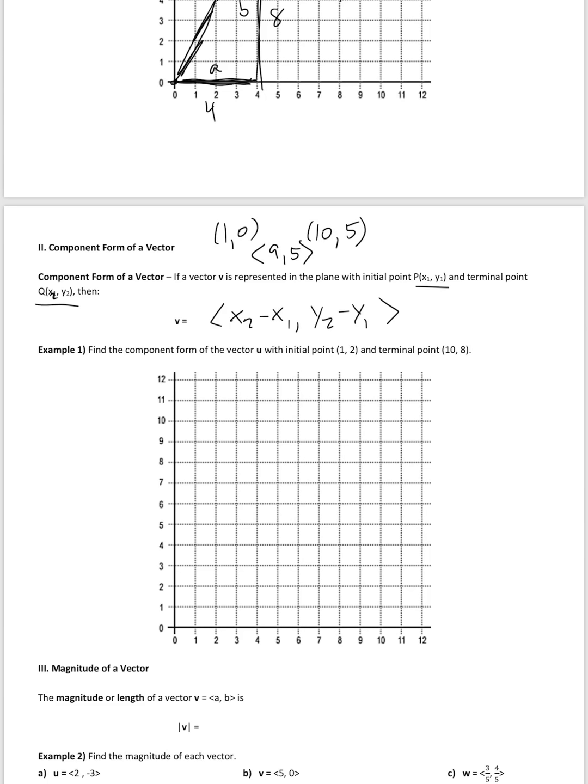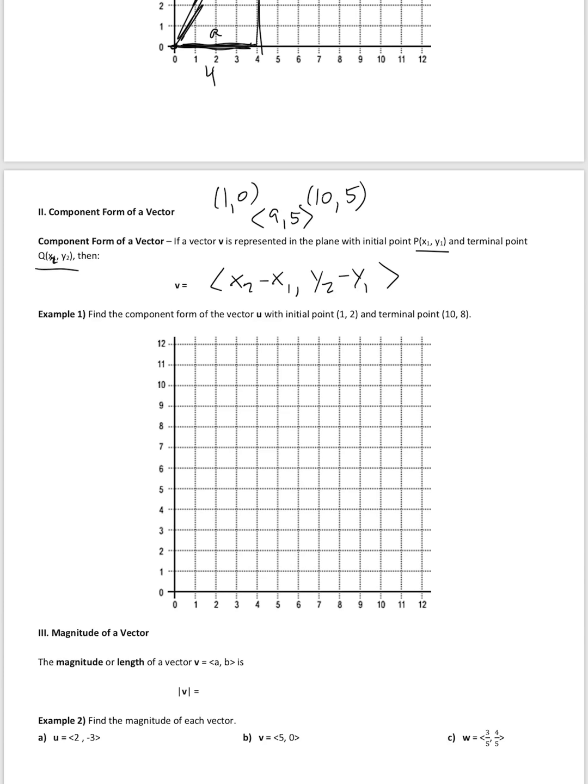So looking at a quick example, find the component form of the vector u with initial point 1, 2, and terminal point 10, 8. So here's my vector.